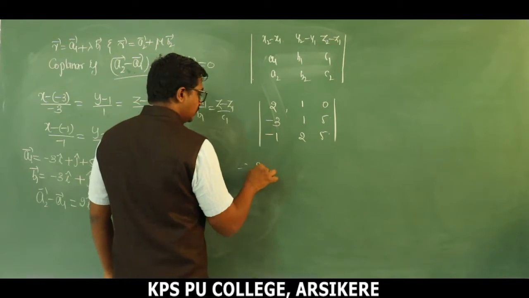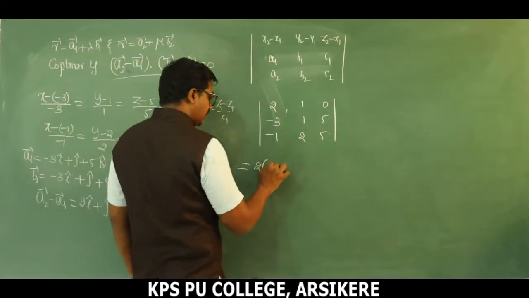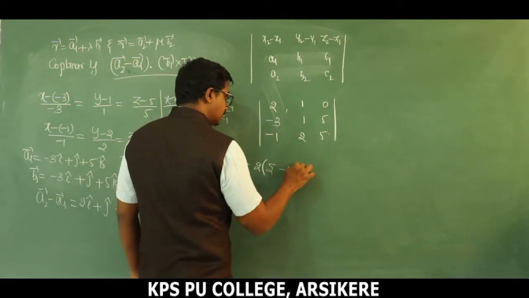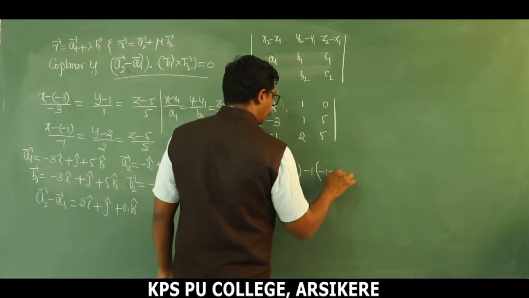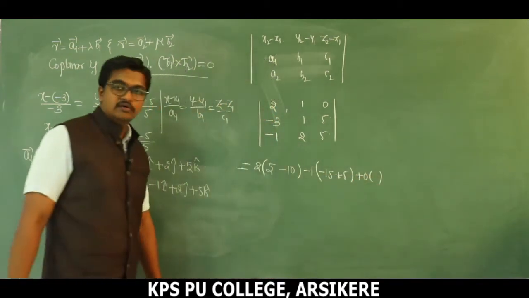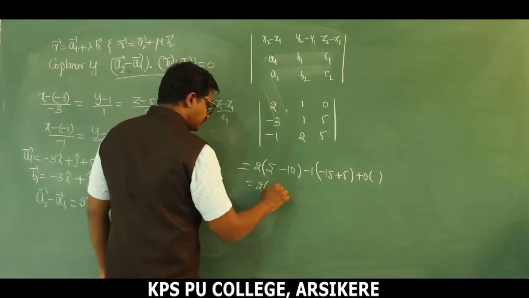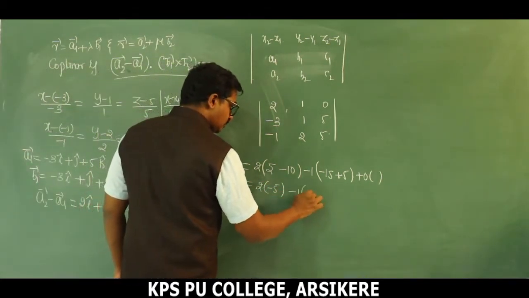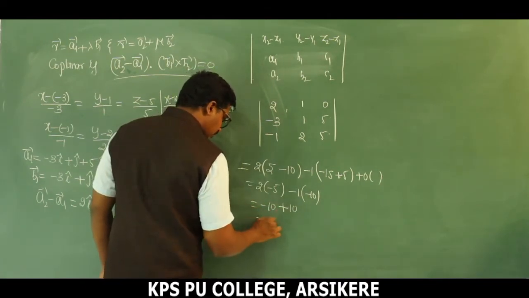Expand it: this is 2 into, take the cross multiplication, 1 into 5 is 5 minus 10, minus 1 into minus 15, minus into minus becomes plus, plus 0, and anything times 0 is 0, no need of expansion of 0. So this is 2 into minus 5 minus 1 into minus 10, that becomes minus 10 plus 10, which is equal to 0.